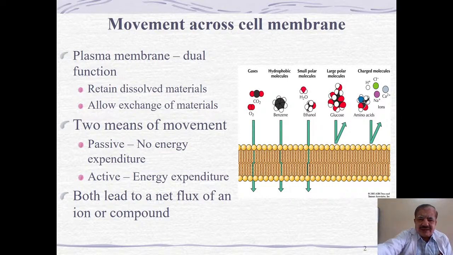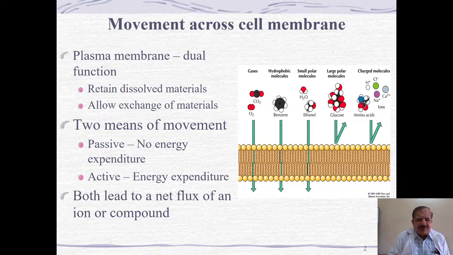The same goes for charged molecules, that is amino acids, sodium chloride, ions. All these cannot pass through very easily. So the plasma membrane retains dissolved material, and it also allows exchange of material.